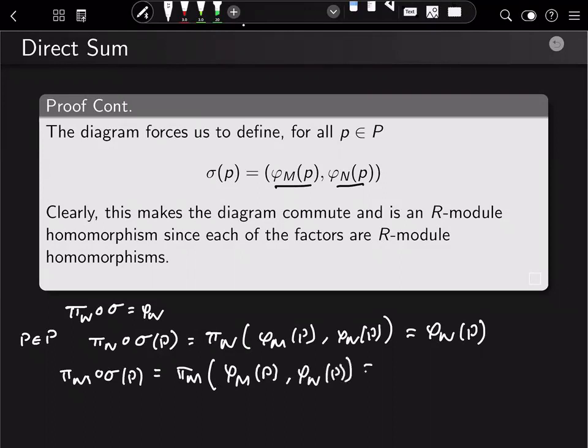Now we project onto the first factor, we get phi sub m of p. So this does indeed satisfy the commutativity. It simultaneously makes the left and the right side of the diagrams commute.